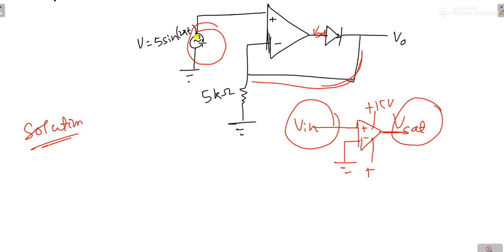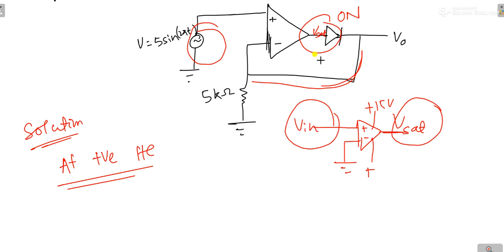If the source is negative, then V saturation is negative. So at positive half cycle, V source is positive, so the output voltage will be positive. If the output voltage is positive, then the diode will be on.